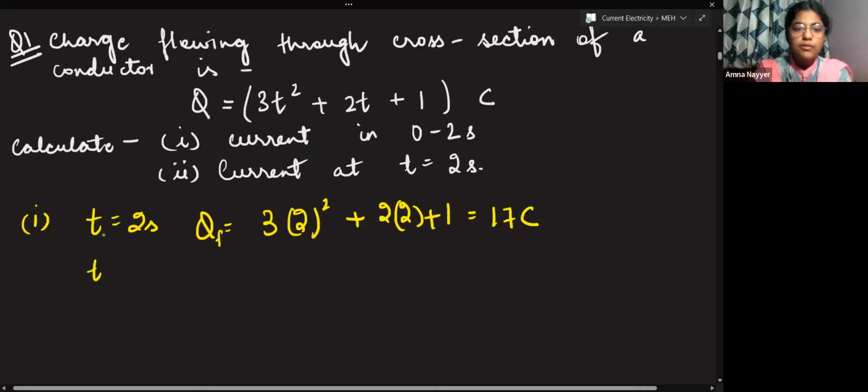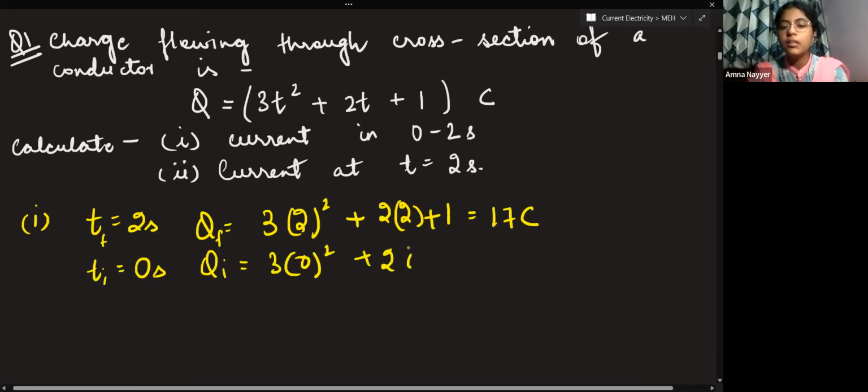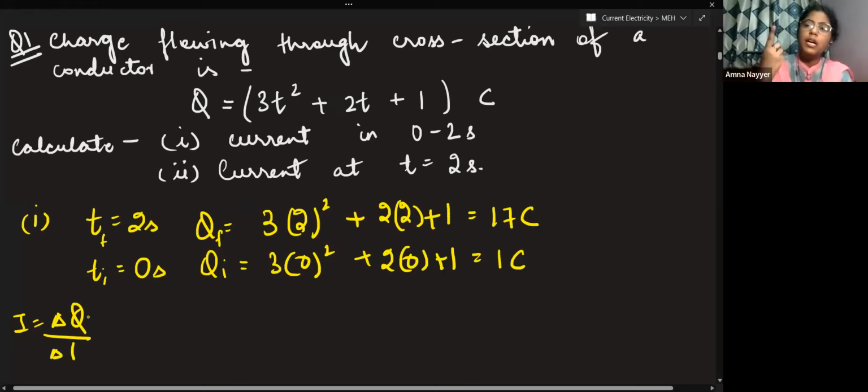Now, this was the final time. The initial time was 0 seconds. So Q initial becomes what? Instead of t, we put 0 everywhere. So this becomes 0, this becomes 0. We only have 1. Now see what your current will be. This is delta Q divided by delta T. Remember, we agreed that if a time interval is there, we calculate the average current.